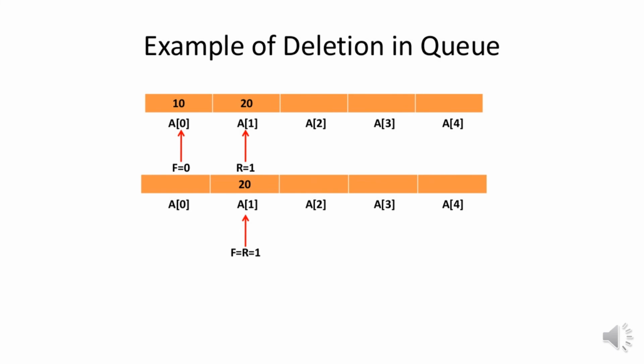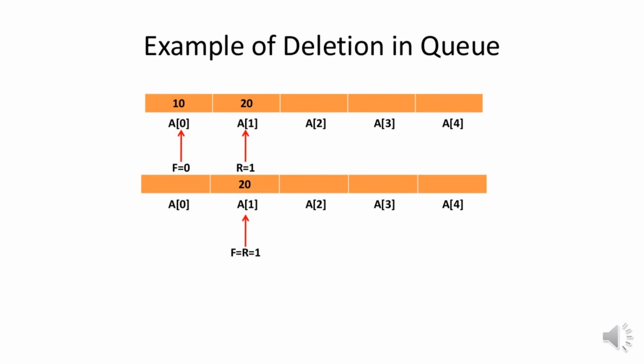In the starting, F is equal to 0. So while deleting, F is increased by 1, meaning F is equal to 0 plus 1, that is 1. Now front is equal to 1 and rear is equal to 1, meaning A of 1 is 20 and the 10 element will be deleted from the queue.